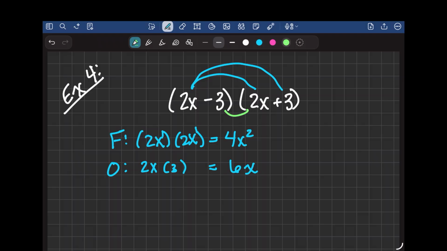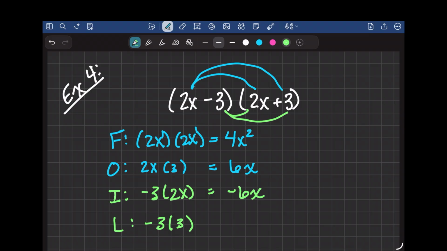Then with my inside terms, I'm going to do negative 3 times 2x, which will leave me with a negative 6x. And then with my last terms, I have negative 3 times positive 3, which would leave me with a negative 9.